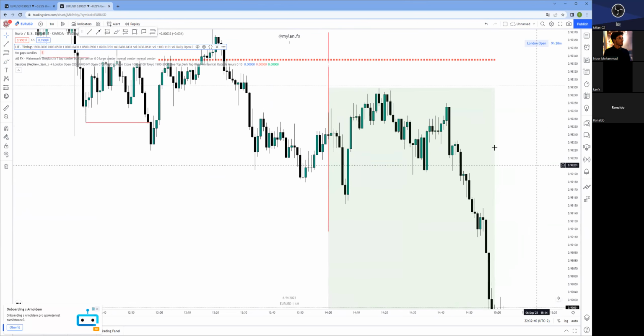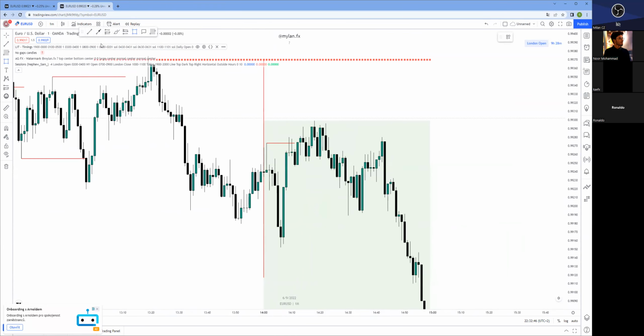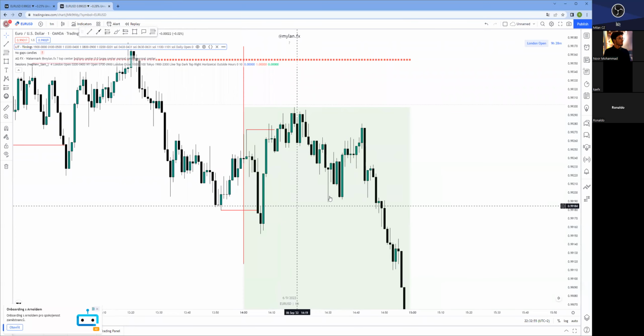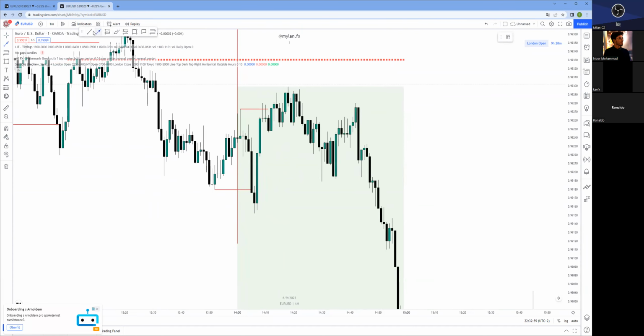The red line is again a fake CHoCH, right? They would think this is a sweep of liquidity. This is a break of structure, and they try to catch a mitigation on this or on this, but I mean, it's just a manipulation.